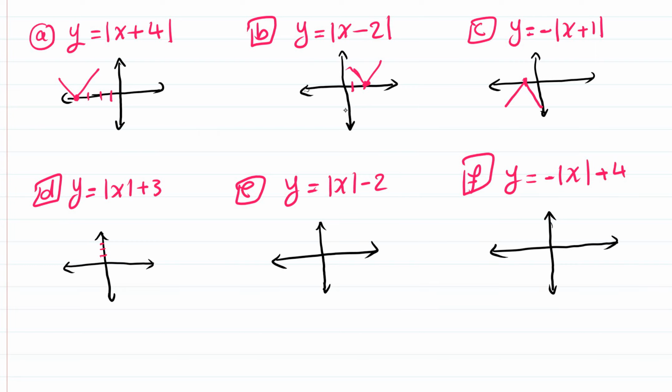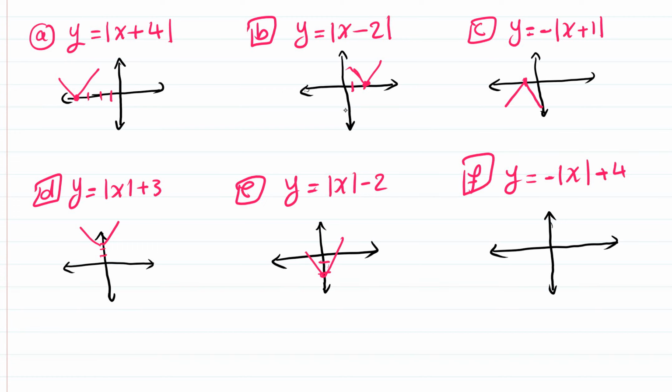Is there a negative in front? No. So the graph will be here. Absolute value of x minus 2. So again the number is outside but is negative, so we must go down. 1, 2. So this is the point. Is there any negative in front of the absolute value? No, so our graph is going to be like this.